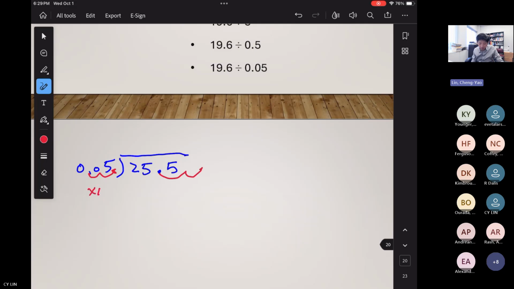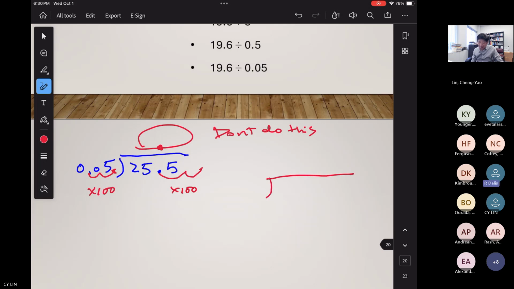That means we times 100 there, and at the same time, we have to times 100 there, right? Do you work on here? No. Don't do that, otherwise you're confused with the decimal point. How about this? All right, 5, and 25, because the decimal point is right there, right?